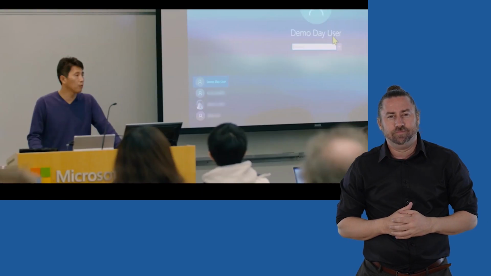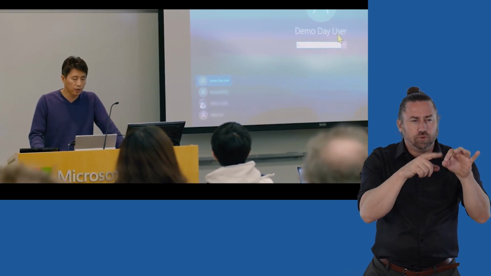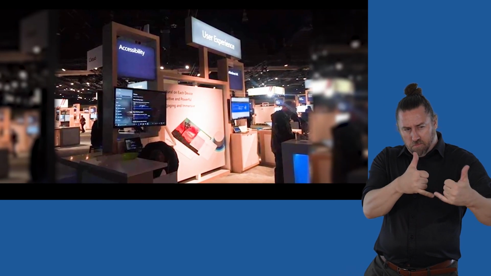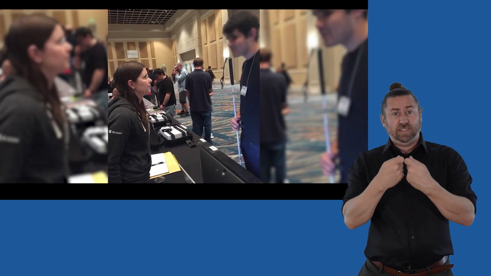To really meet the goal to design and build products that are truly inclusive and human-centered, we work with a diverse set of users to deeply understand their needs and identify opportunities to improve their lives through the use of our technology. When designing and building our features, we conduct usability studies to really understand how our products are working. Our team also connects directly with customers at conferences for people with a wide range of abilities. We have two main goals.